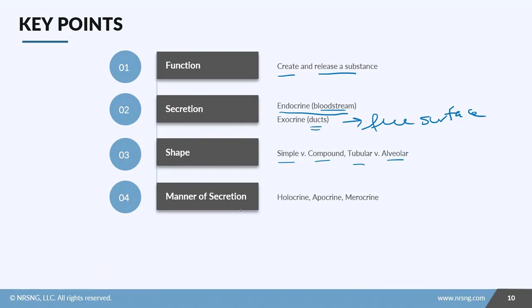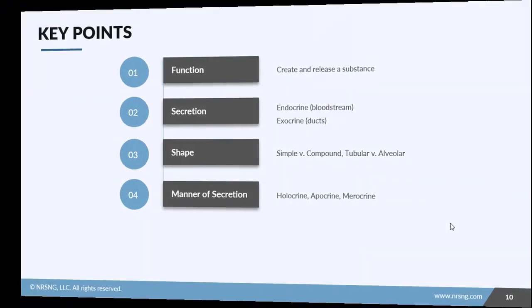And finally, we know that there's 3 main ways that the secretion actually happens. Holocrine, think hollow, because the whole cell just gets destroyed. Apocrine, you want to think apex, because it comes up to that point and just releases part of it, destroys part of the cell to release. And then merocrine, which secretes by exocytosis, which literally means exiting the cell. So those little vesicles come up and exit the cell that way. And this makes up the majority of our glands.